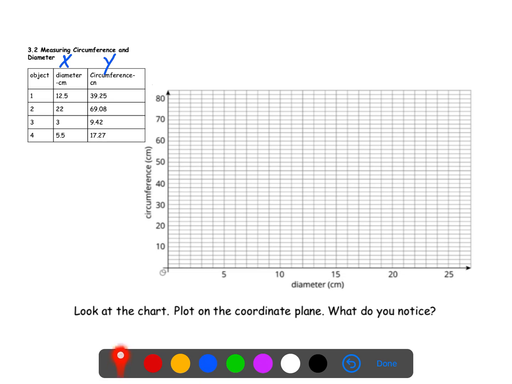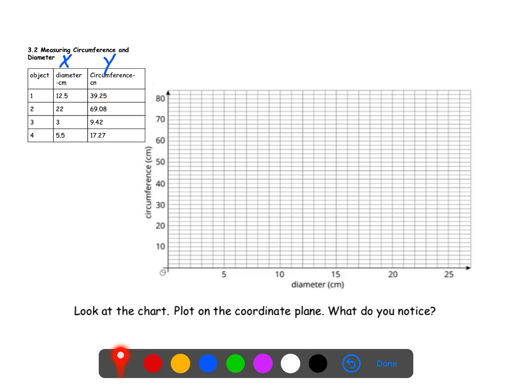Look closely. Now, if we were actually measuring these objects with, say, a flexible tape measure, we would not be measuring something to 0.25 centimeters. So this is way more precise than we actually would be able to be in real life, and that's going to help with what we're trying to demonstrate here today.